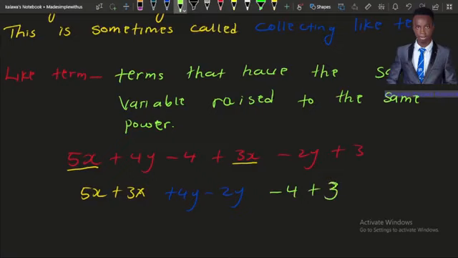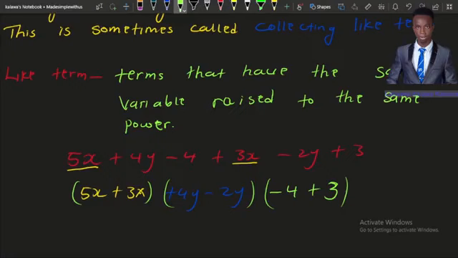So now you can see from this first set, the second set, and the third set, the difference. What makes this one become like terms? We have x here and we have x here, irrespective of the coefficient in front of the variable.